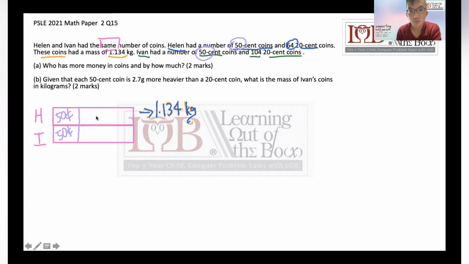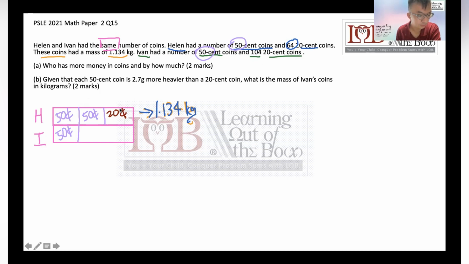And of course, for the fact that Helen had less 20-cent coins, and Ivan had more 20-cent coins, which means that here we'll have some more 50-cent coins in Helen's pocket. So this is the extra, and what we have at the back end will be 20-cent coins. Sorry, let's throw in the numbers.